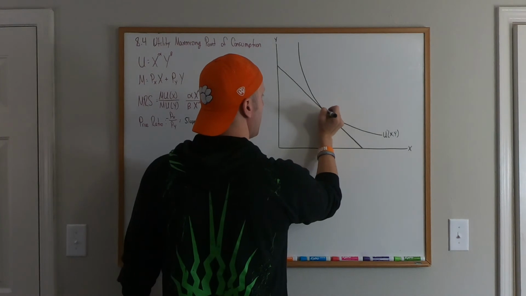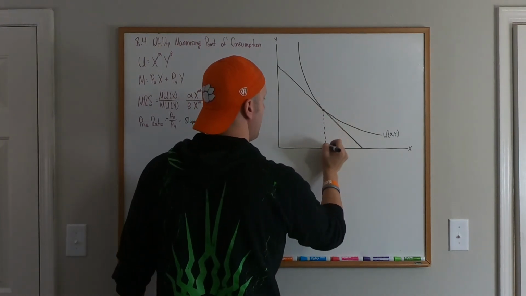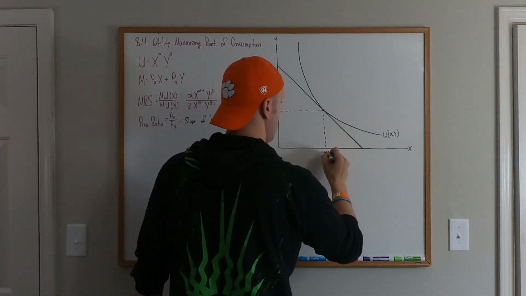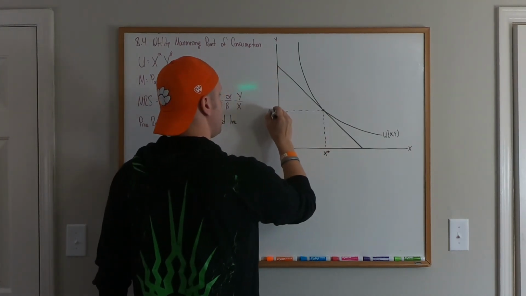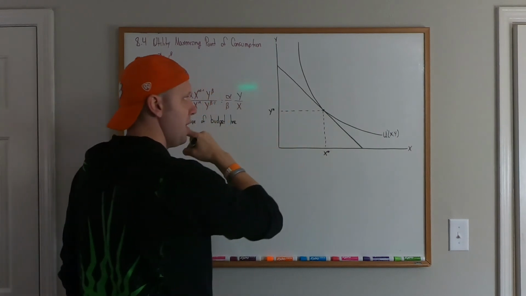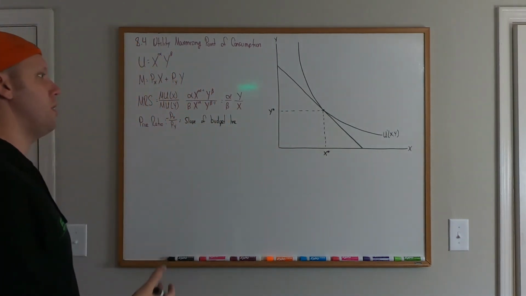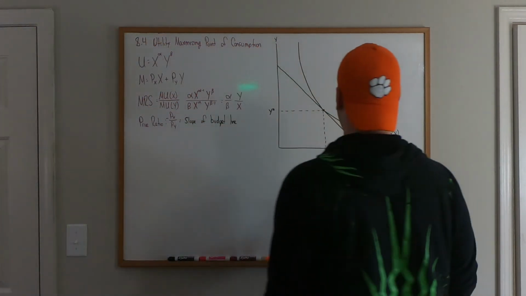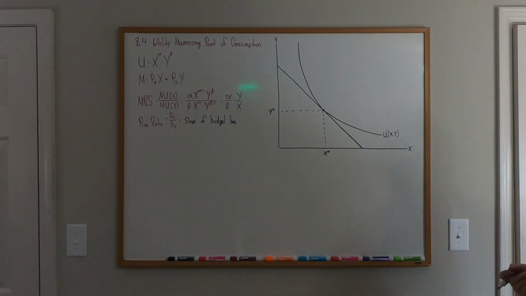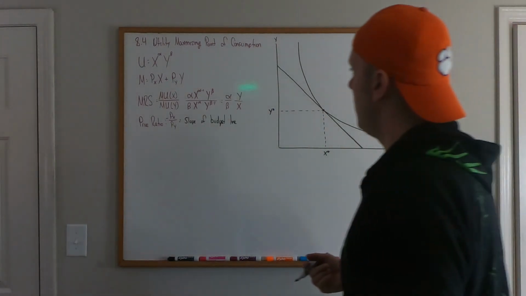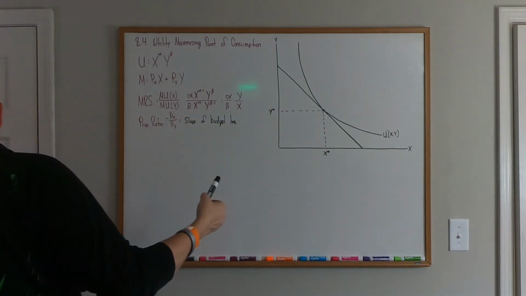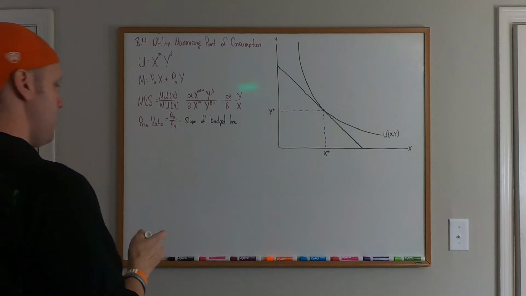This point right here, where they are equal, is the utility maximizing consumption bundle of x and y. It's the point of tangency where I have maximized my utility subject to a budget constraint. This is intermediate micro stuff with indifference curve analysis.